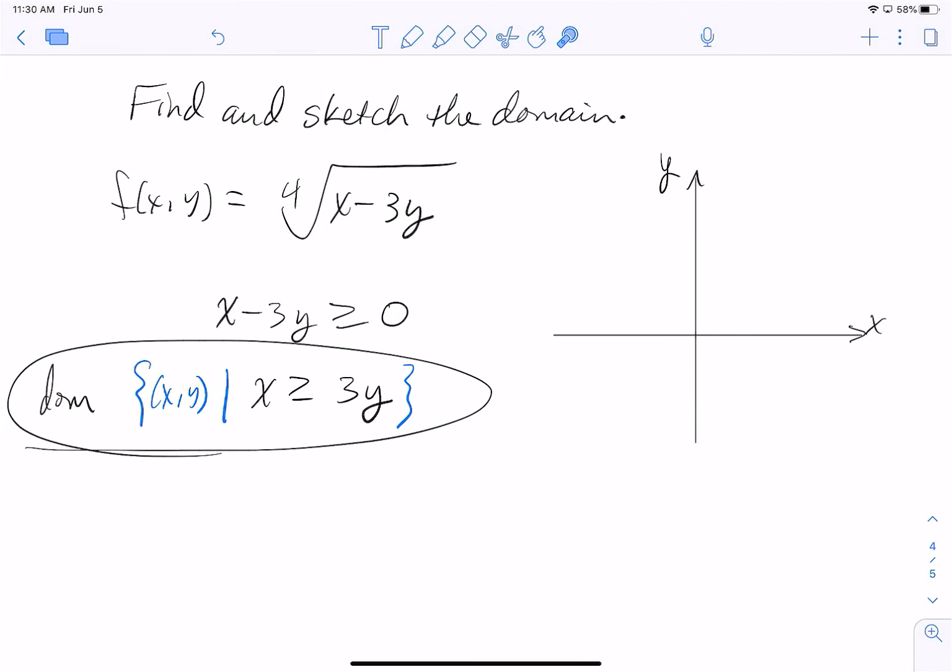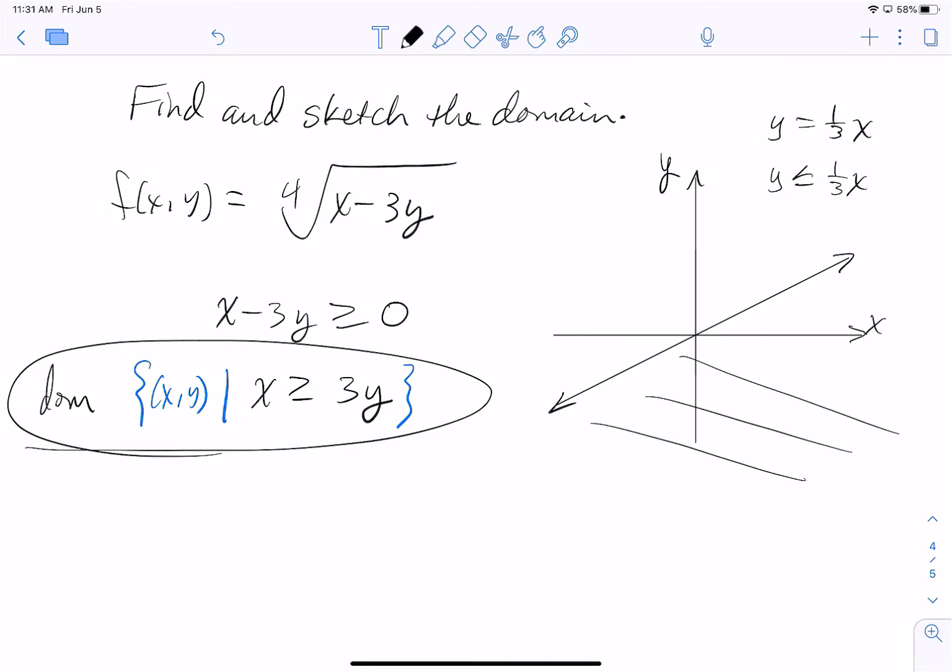And another way to consider the line x equals 3y is that it is y equals 1/3 x. So we're looking at a line through the origin that has a slope of 1/3. The associated inequality is actually y is less than or equal to 1/3 x, and so we're looking at values that are below this line. So shading below that line represents the domain.